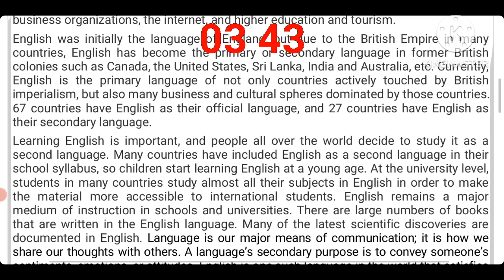Many countries have included English as a second language in their school syllabus, so children start learning English at a young age. At the university level, students in many countries study almost all their subjects in English in order to make the material more accessible to international students.